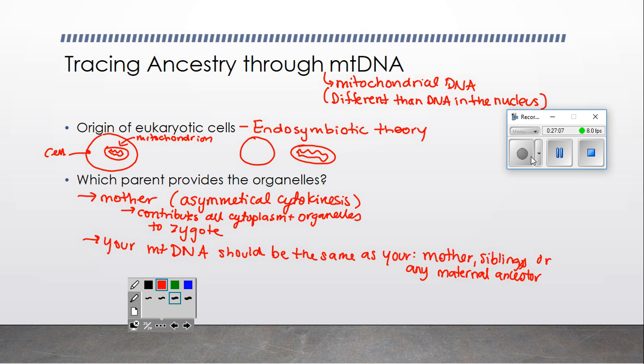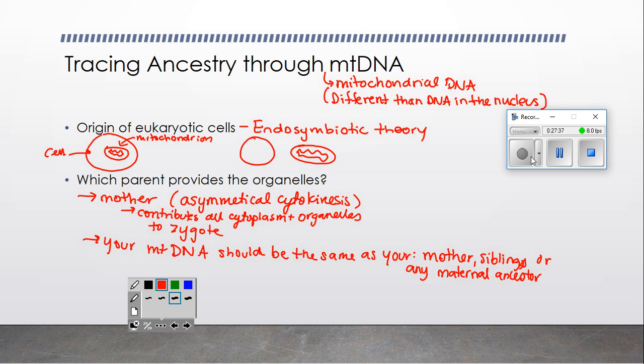So, if you compare your mitochondrial DNA and you have a brother or a sister, your mitochondrial DNA should be the same as theirs because you both got it from your mother and your mother contributed all of it. It's not a mix of DNA like the DNA in your nucleus. That came from both of your parents. Your mitochondria came only from your mother. So anyone who has the same maternal origin as you do should have the same mitochondrial DNA.